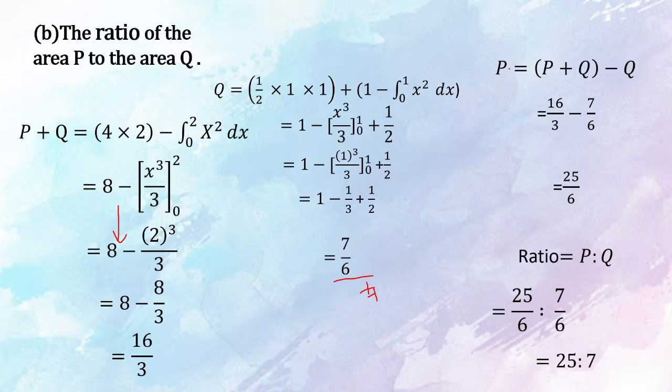In order to get the area of P, you need to use this equation, which is P plus Q minus Q. This is exactly the areas that we got on the left hand side over here.